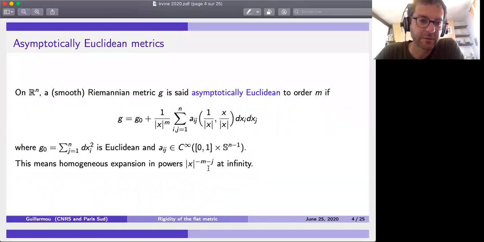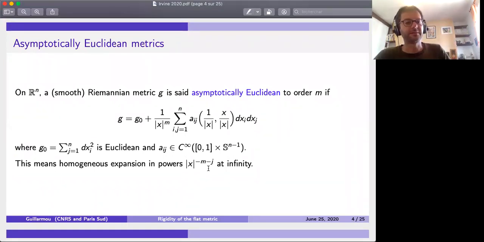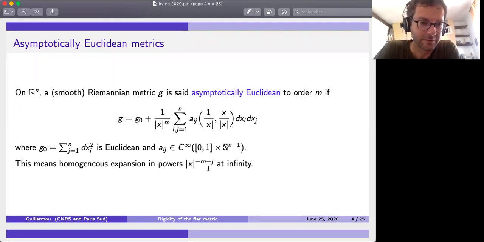And this class has been studied quite a lot since maybe 60 or 70 years ago. It's not very easy to say things about them, like classify them and so on. So it's always interesting to get some sort of classification or rigidity result for such manifolds.